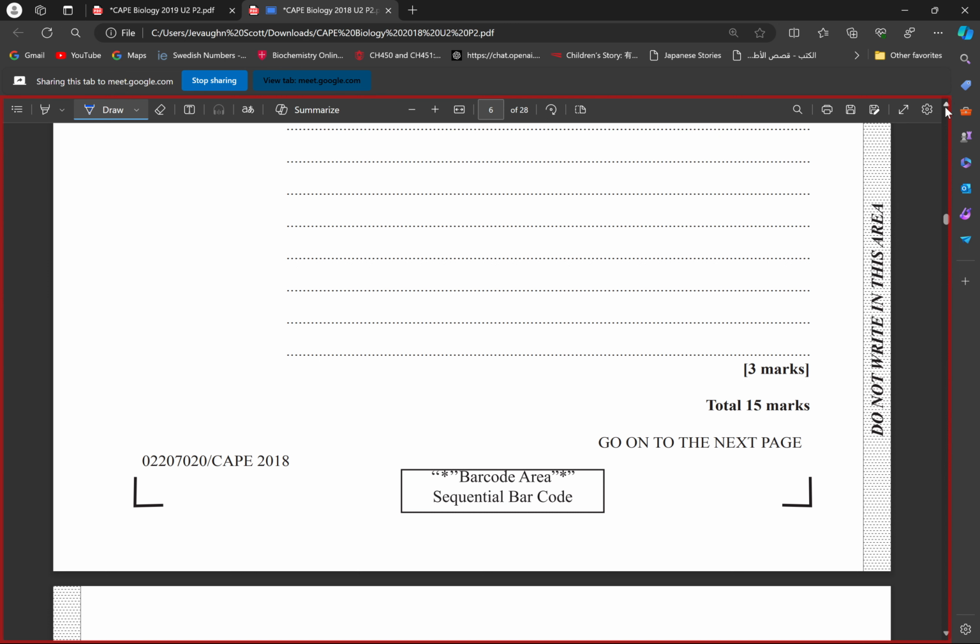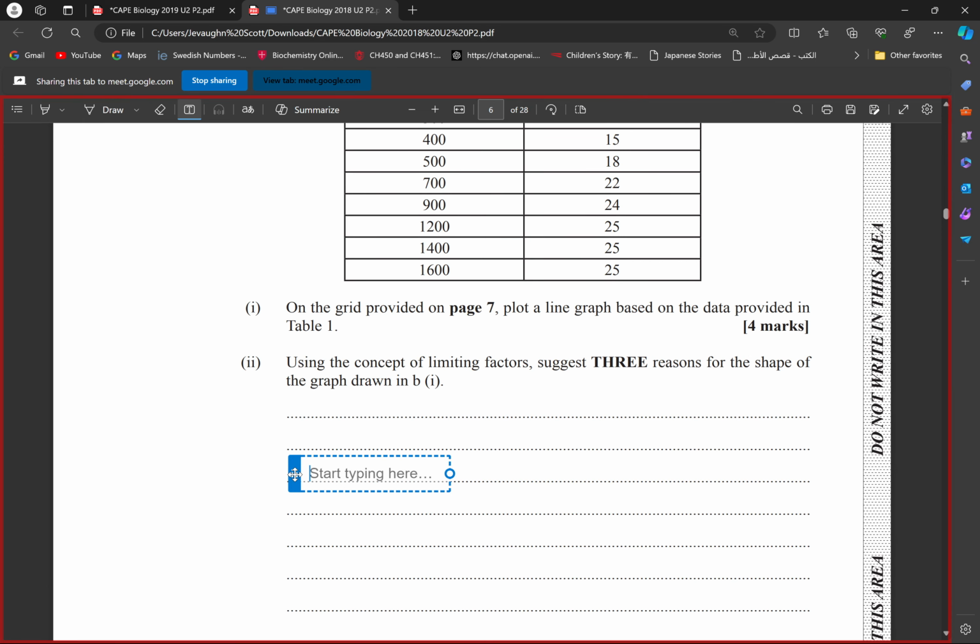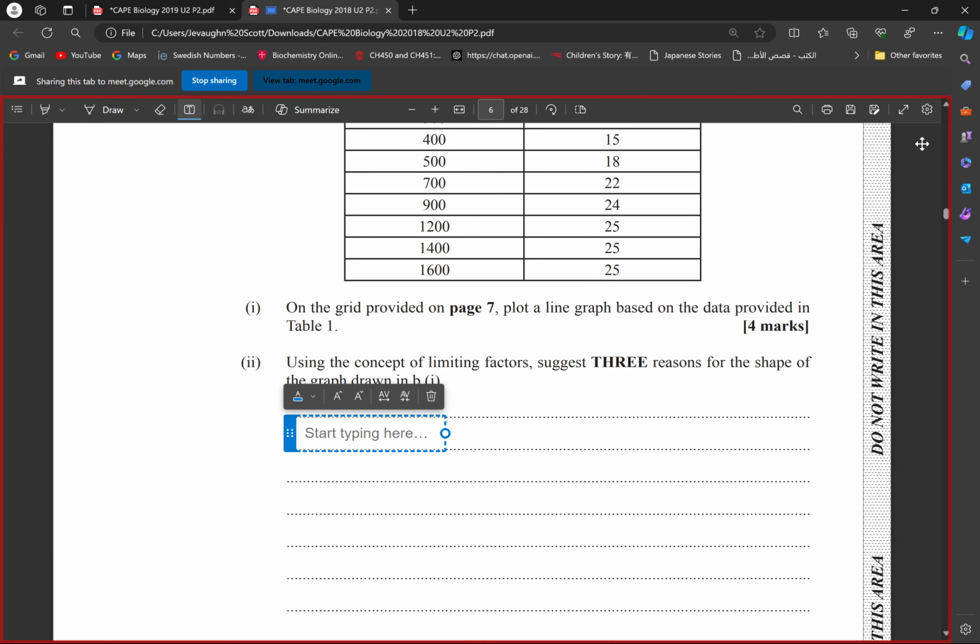So using the concept of limiting factors, suggest three reasons for the shape of the graph. What are we using in the table again? Light intensity. Sir, the plant is being supplied with enough light.